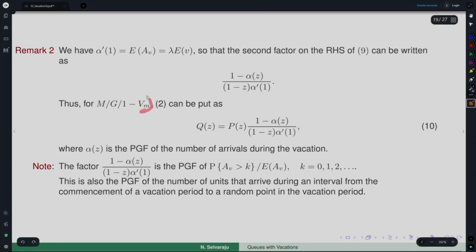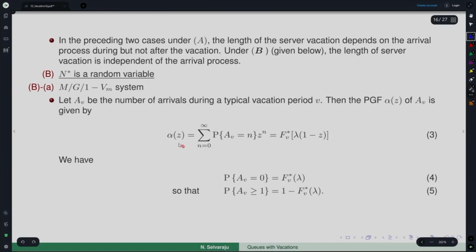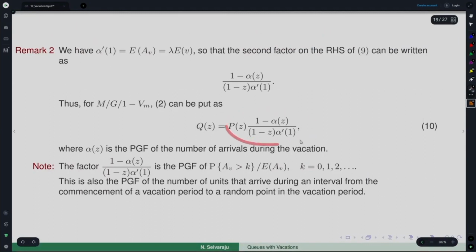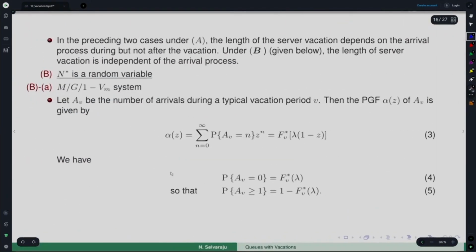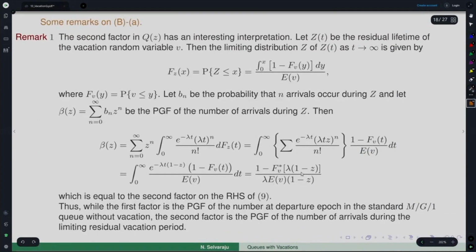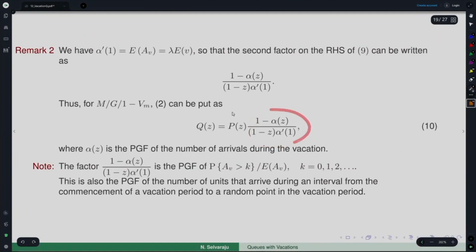Thus, for this model, another version of the previous expression, which was written in terms of the Laplace transform of the vacation random variable, can be written in terms of the PGF of AV, the number of arrivals during a vacation period, in this fashion, because in this case alpha of z is exactly equal to this. That is what we are using here.